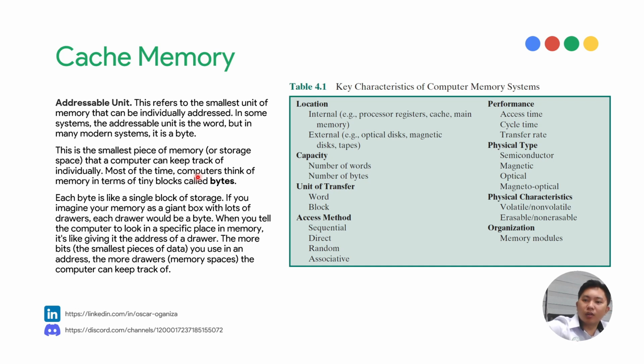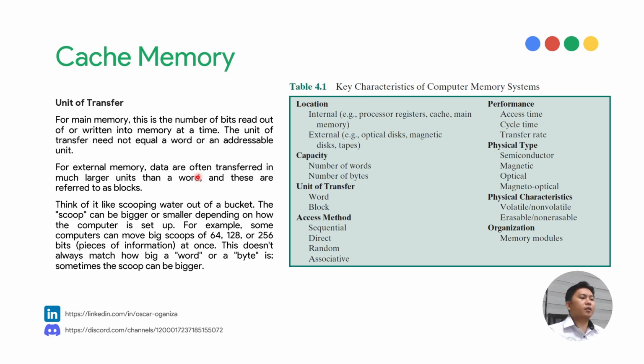For example, itong drawer na to is 64 bits ang kaya niya ilagay. Sa next drawer niya is 64 din. The next is ganun, ganyan. So that's addressable unit. So itong address na ganitong nasa taas, address pangalawa, address pangatlo, yung gawa ng data sa computer mo. Okay? In bytes or in bits.